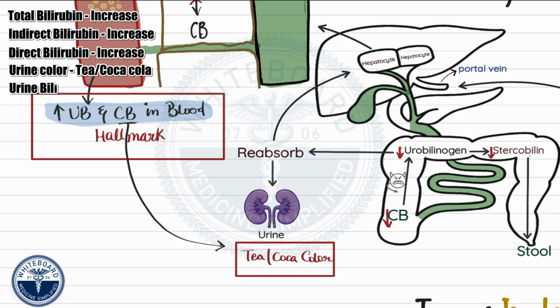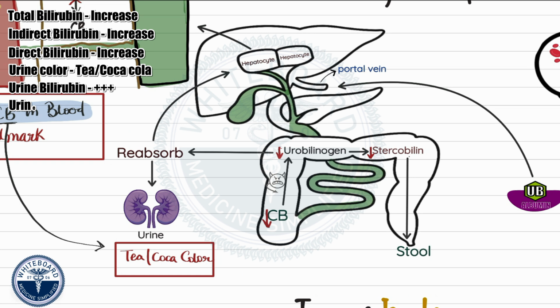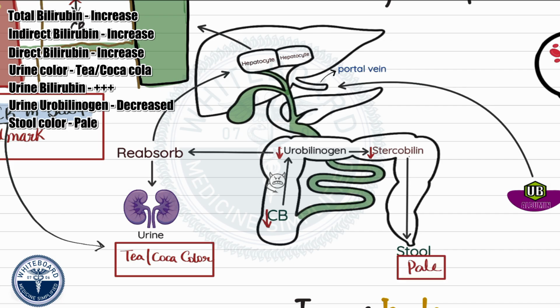Urine bilirubin level is positive, as the conjugated bilirubin spills into urine. Urine urobilinogen level is decreased. Stool color: the stool color is pale but not as completely colorless as in post-hepatic, because some bile still reaches the intestine but less than normal.